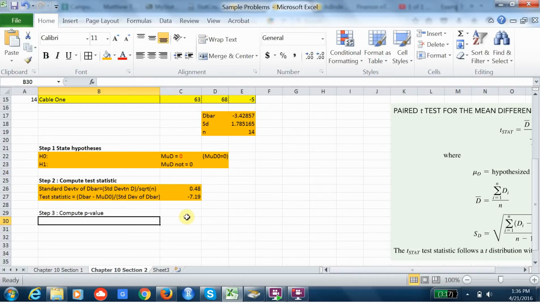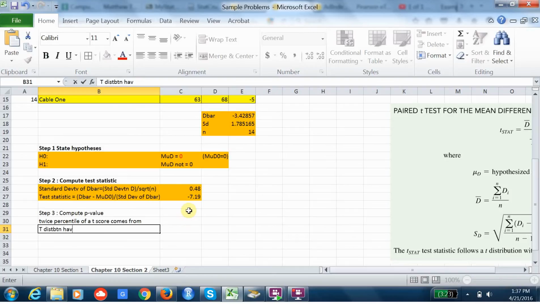The first is that we want to find the p-value for a test statistic that has a... So what we want to do is compute twice the percentile of a test statistic. I'm just going to say t-score. These are all t-scores. That comes from a t-distribution having n minus 1 degrees of freedom.